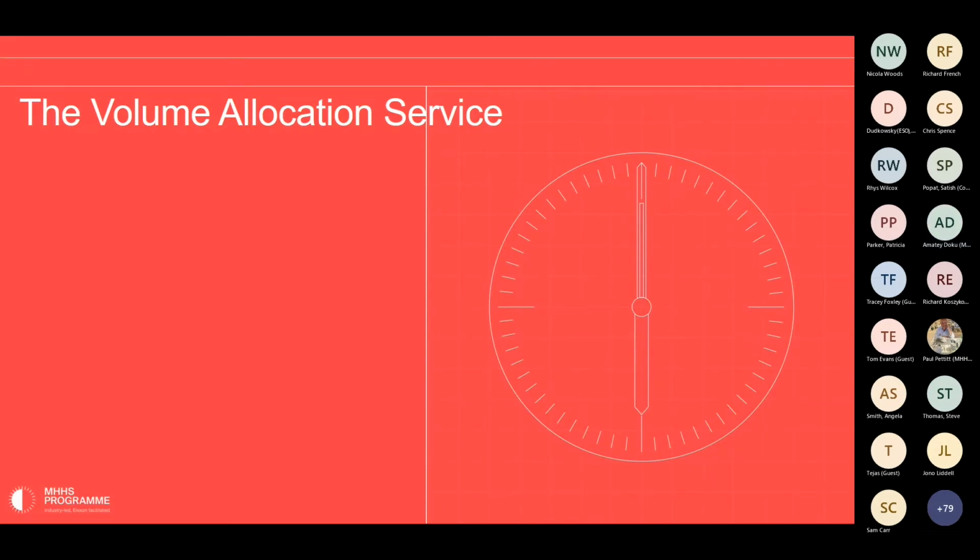Okay, so I might have already covered some of this off now. The volume allocation service is the service under market-wide half-hourly settlement that will be replacing the supplier volume allocation agent service, which the SVAA, as it's currently known.